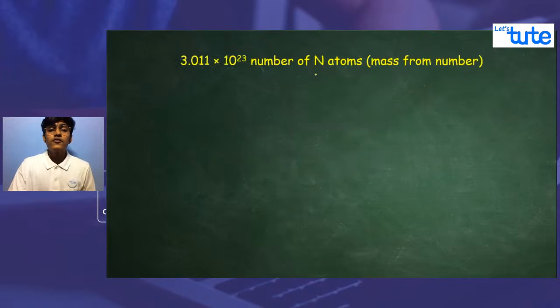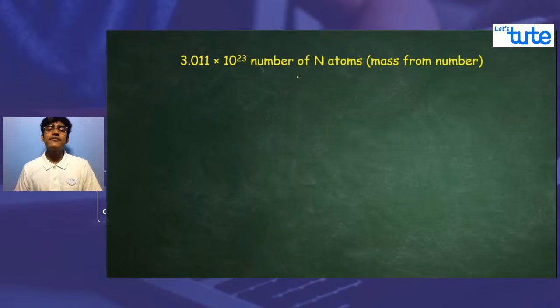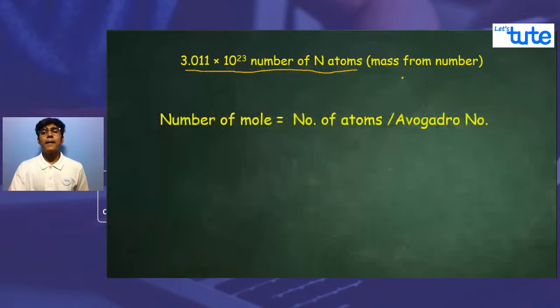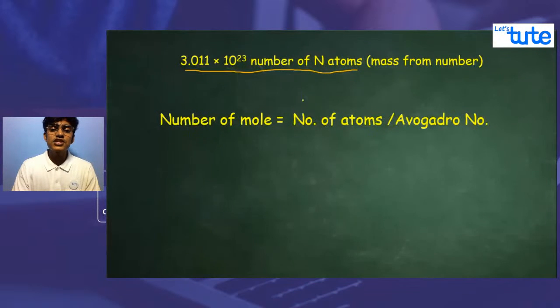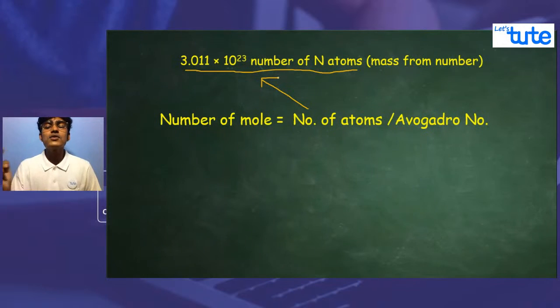Let us try to solve a few more sums. This is a very important sum. In this, they have asked that if we have this many nitrogen atoms, what will be the number of moles? The number of moles formula is the number of atoms which they have given us divided by Avogadro's number.